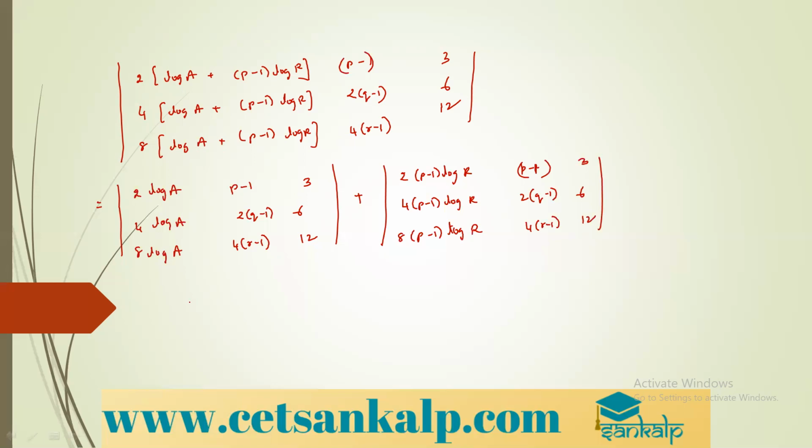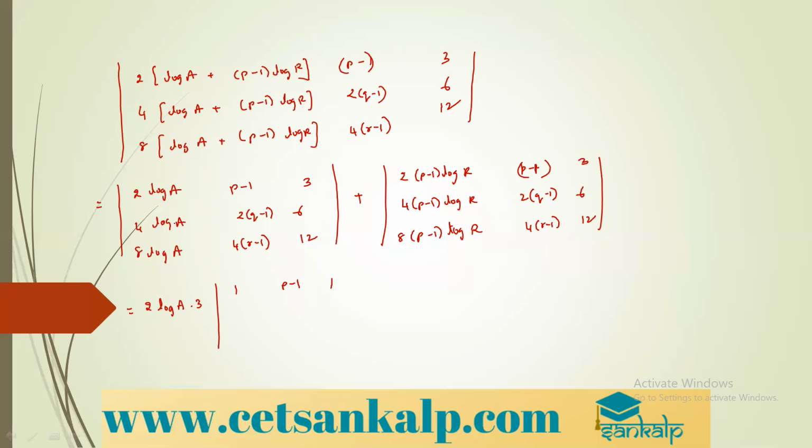Now, why did I take it like this? I can pull out 2 log A into 3. Both I can pull out. So what I will have is 1, P minus 1, 1.